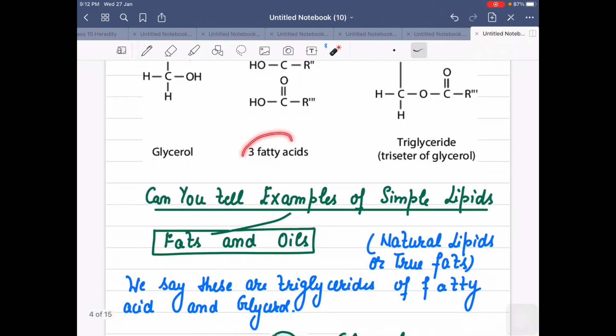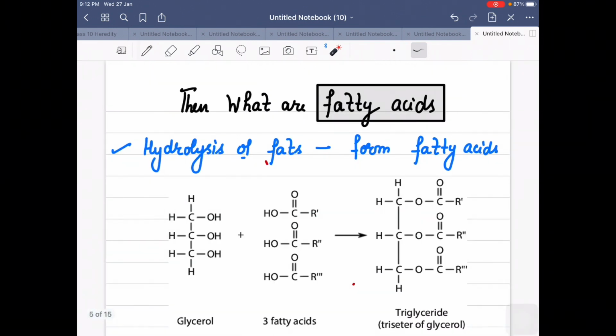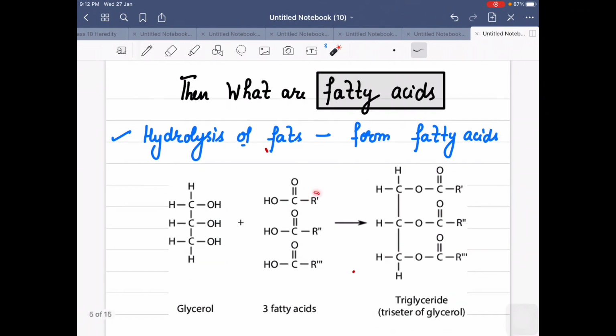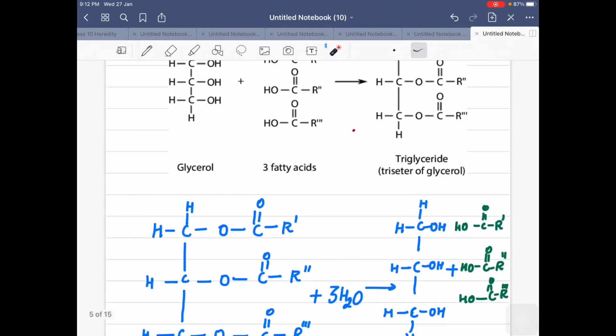Then the question comes: what are fatty acids? Fatty acids are those compounds which have one functional group joined with a carboxyl group, COOH. When fat is hydrolyzed, it forms fatty acids.